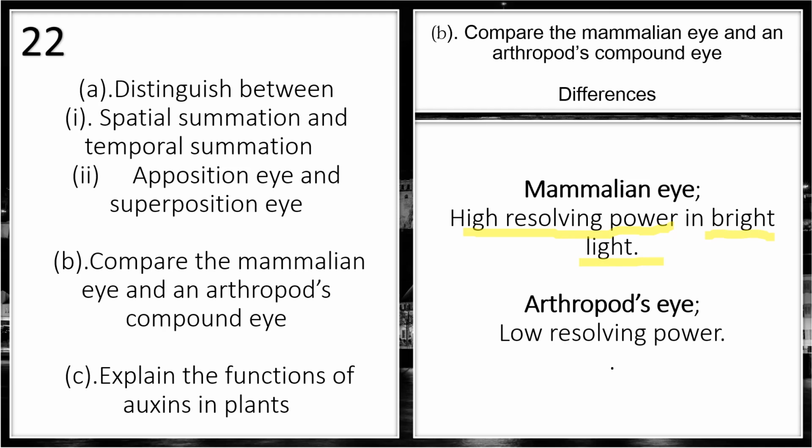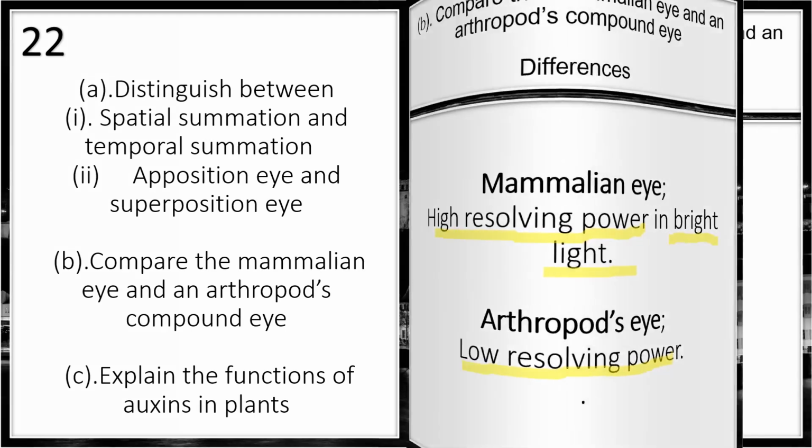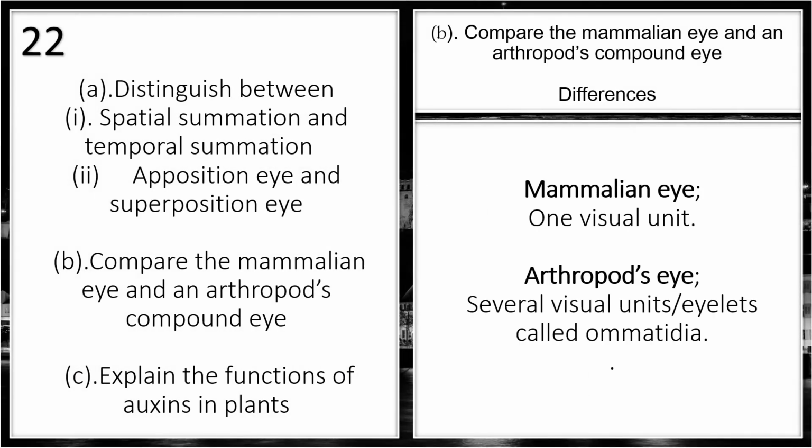The arthropod eye has a low resolving power. The mammalian eye has one visual unit. The arthropod eye has several visual units, eyelets called ommatidia.